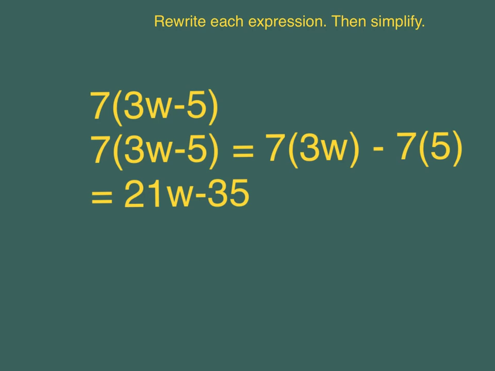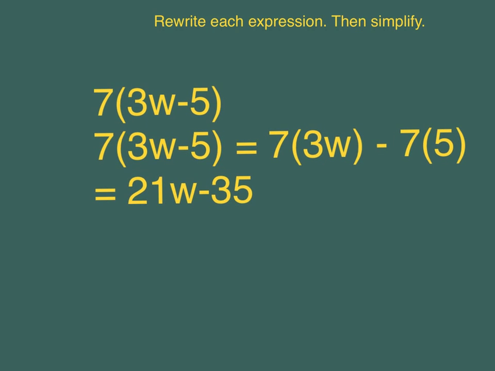Okay, here we're going to be using the distributive property to rewrite and then solve expressions. So the original expression was 7 times (3w minus 5). To do that, we need to take the 7 and multiply it by the 3w minus 5.